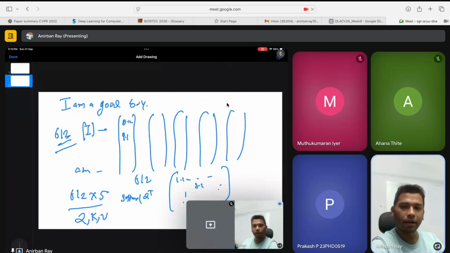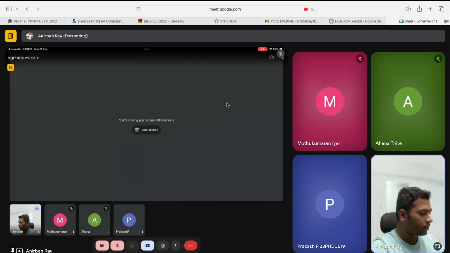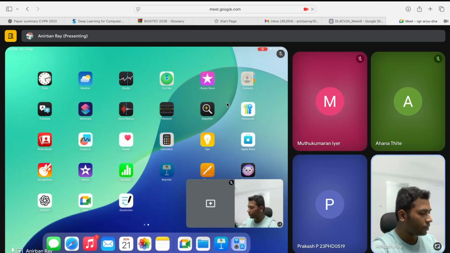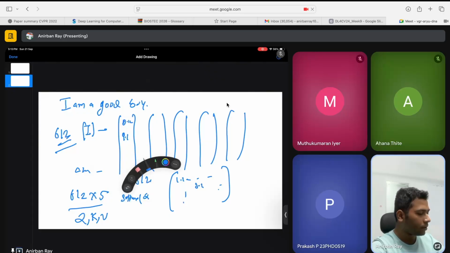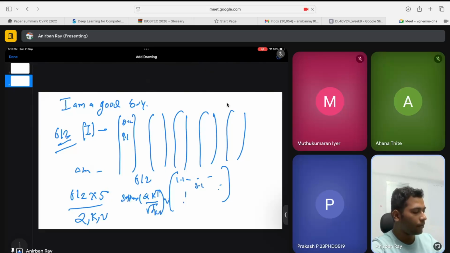Okay, the attention here is Q K transpose under root d_k into V. Now what if you do Q into K transpose, what will you get here?